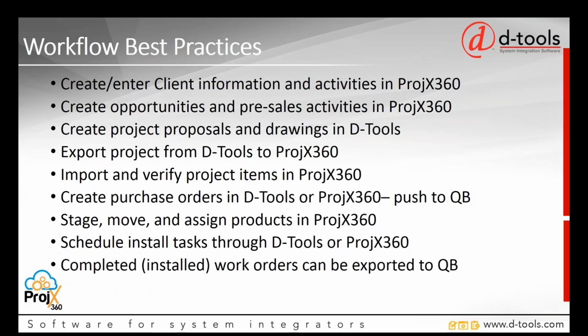That comes into D-Tools, and then you would work like you would normally work within our system, which is to generate a project, start building a proposal, generate drawings, documentation, and get that project through to approval. And then you have options to then work within D-Tools or push that project back out to Projects 360.